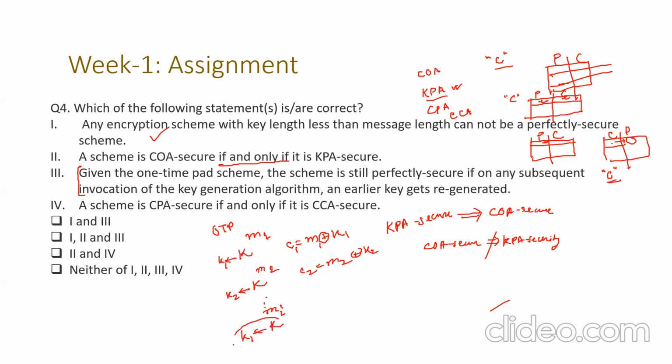But this is nothing but again sampling uniformly at random. It's not that you are specifying that the key K1 that I used for message M1, I am going to use that same key again for encrypting Mi. That you are not specifying in your encryption algorithm. It again does uniform random sampling over the key space.